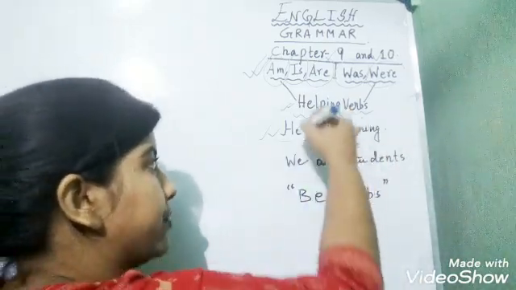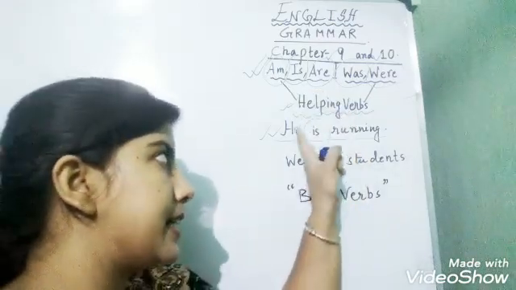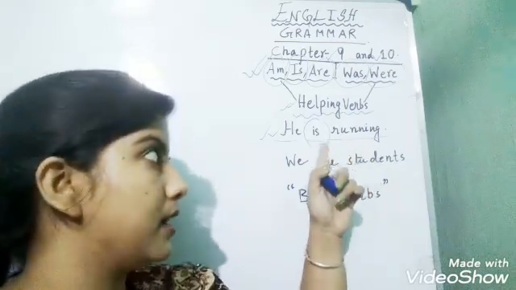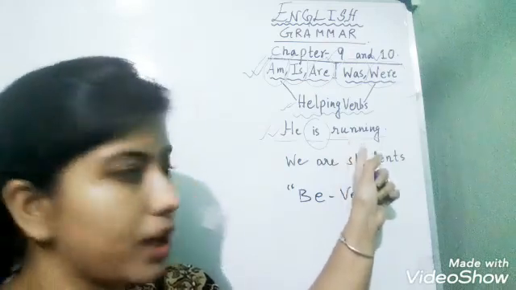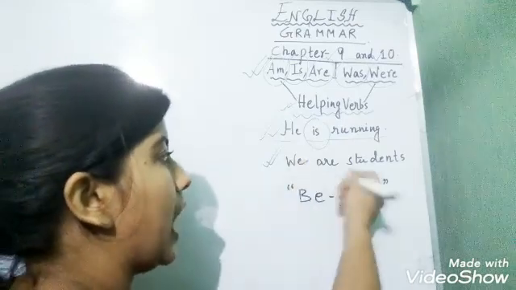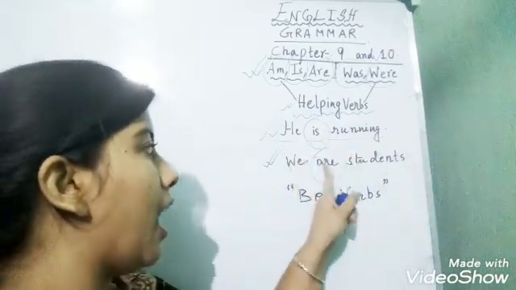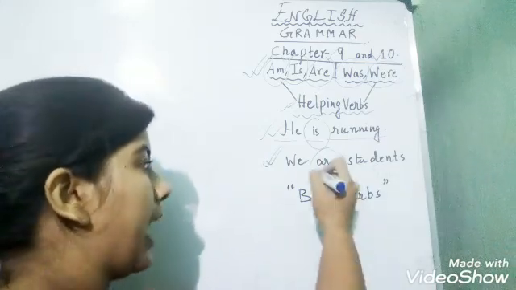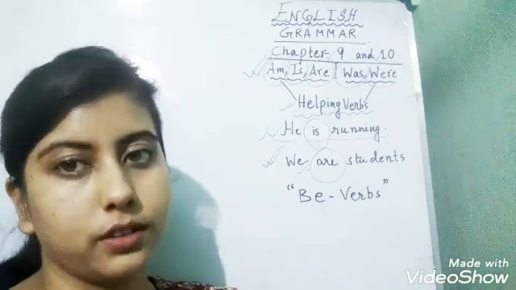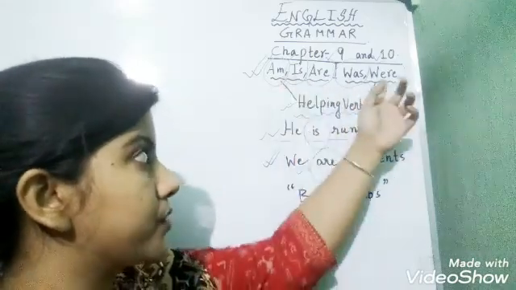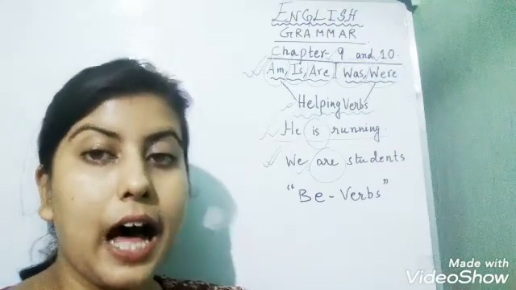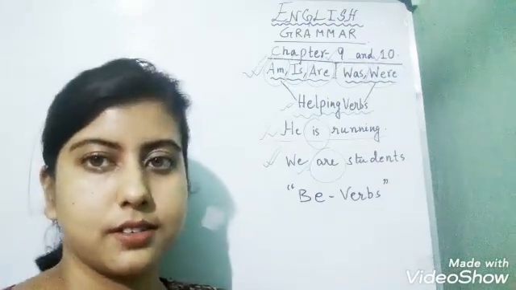Here, I have used is, and we have another verb, running. So here is has been used with the verb running. In the second sentence, we have written, we are students. Here I have used are, and are has been used alone. So these verbs can be used alone or alongside other verbs in a sentence.